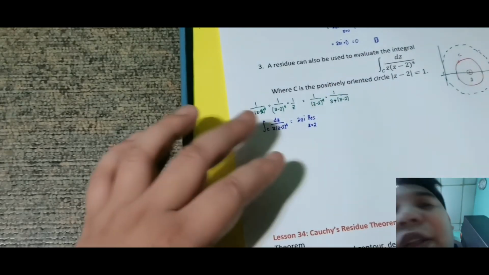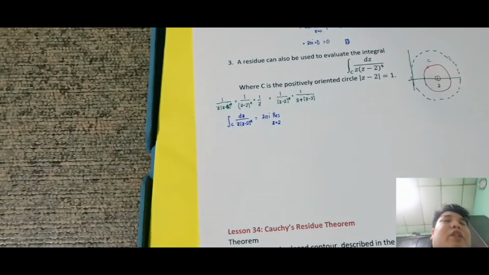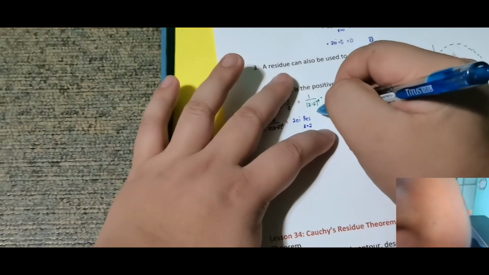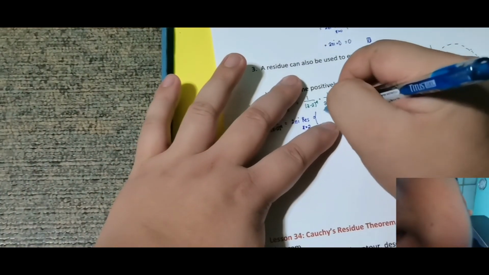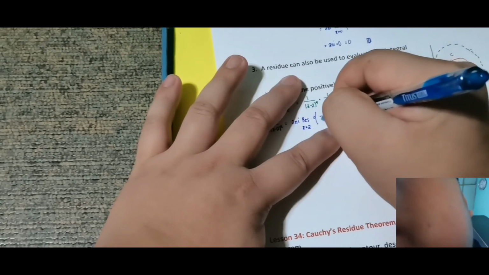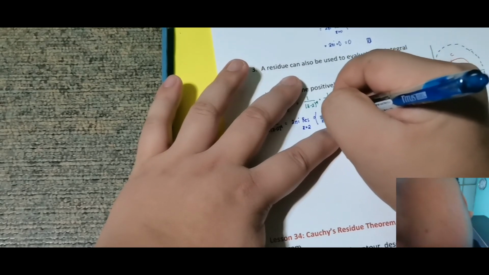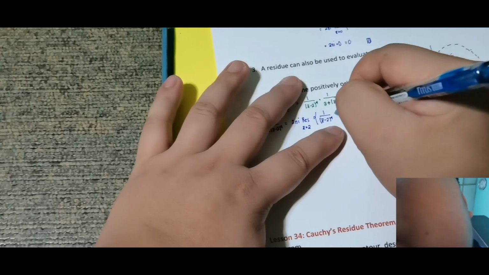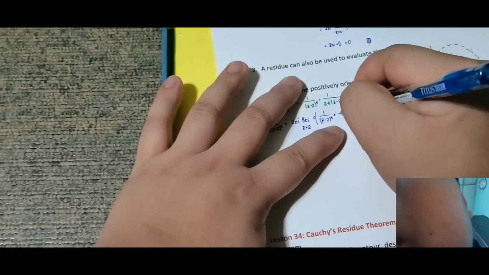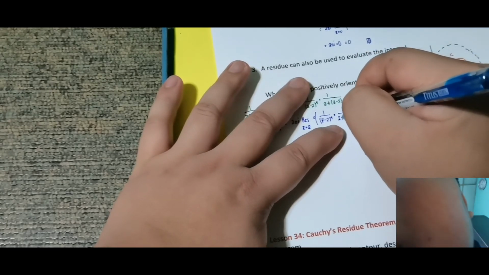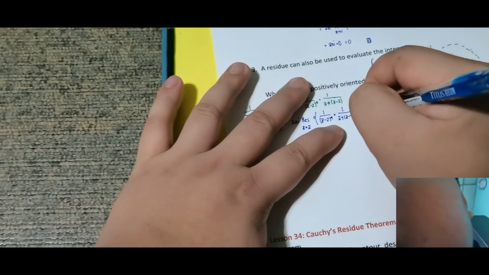So again, for z is equal to 2. So meaning, ito yung declaration na siya ay z minus 2. Dapat yun nakikita natin. Susulat ko na yung simplified form natin na nilagay. That is 1 over z minus 2 raised to 4 multiplied by 1 over 2 plus z minus 2.